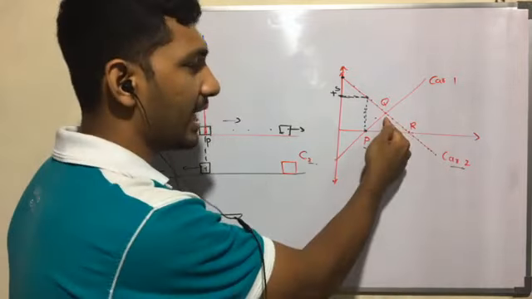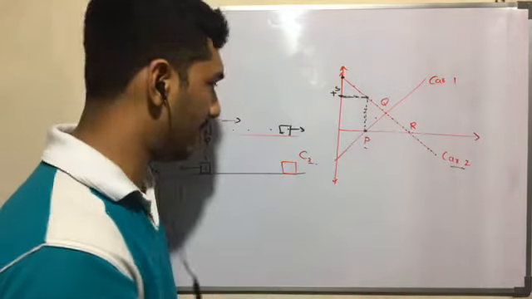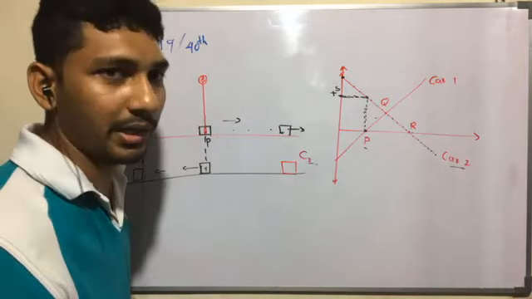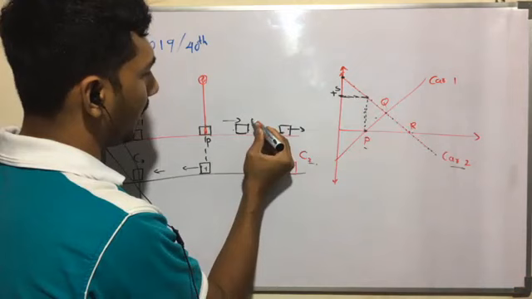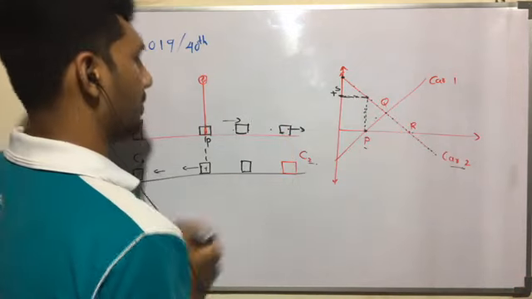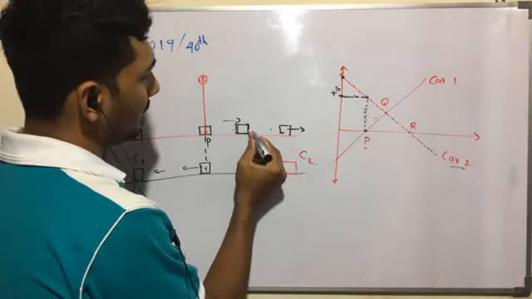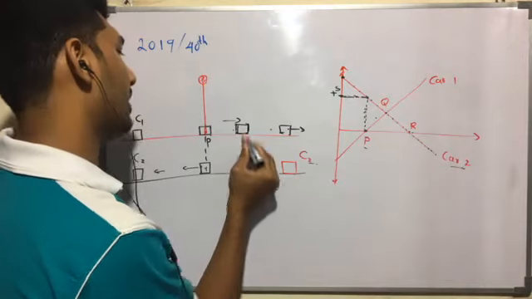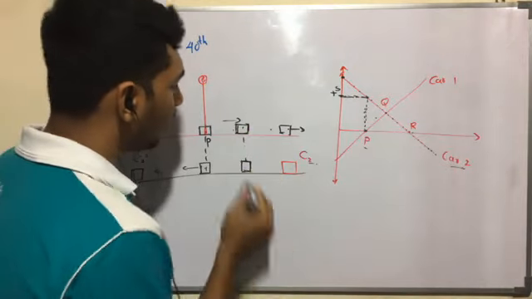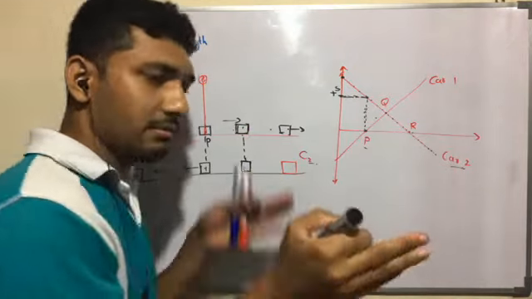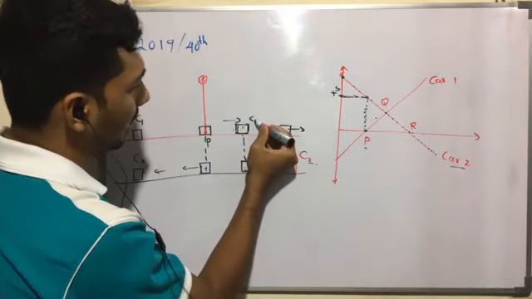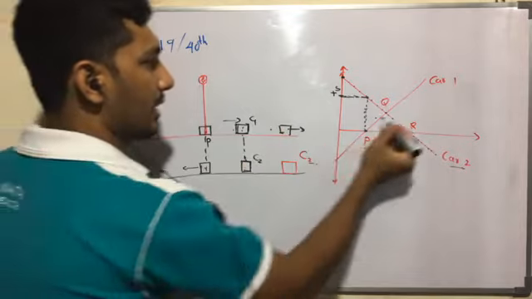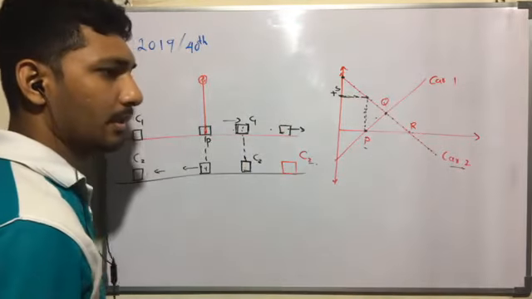Because they have the same displacement, so they are at the same point. It occurs on the positive side, on the right side. When car 1 is somewhere here, car 2 will also be somewhere here, and they will be crossing each other, saying hi like that. So car 2 and car 1 are crossing each other at point Q.